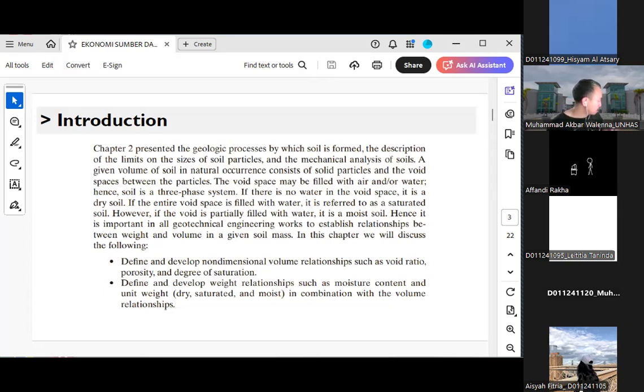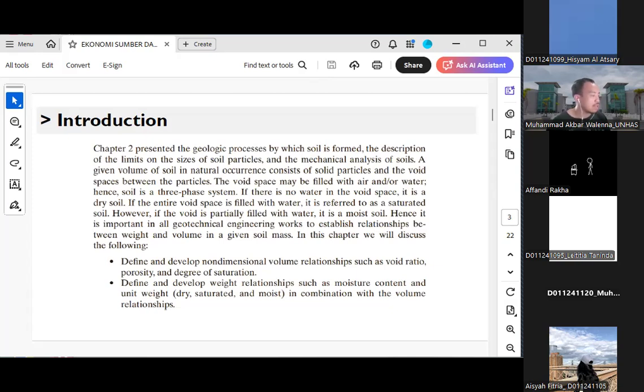And also, it's important out of this lecture that you can define the relationship between moisture content and unit weights, and that you can articulate how the weight of the soil depends on whether it is dry, moist, or saturated.